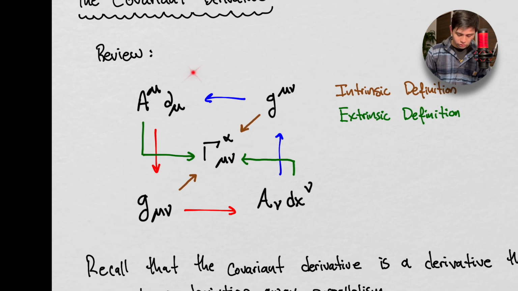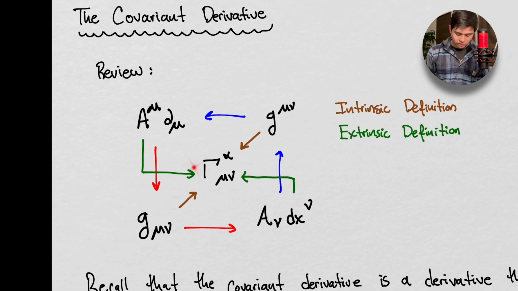So this was the picture we had developed before, where we can develop an extrinsic definition for our connection. We also can develop an intrinsic definition for our connection. The extrinsic definition, recall, related our connection to acceleration vectors on our manifold.